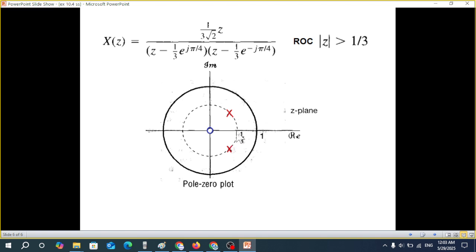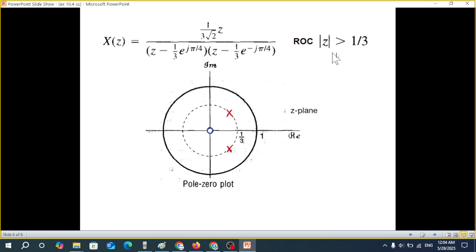First we draw a circle of radius 1 over 3 and then locate the two poles. Now this is at 45 degrees, since pi by 4 is positive 45, so one pole is here. Here it is negative 45 degrees, so the other pole is here. So the pole and zero plot is done.